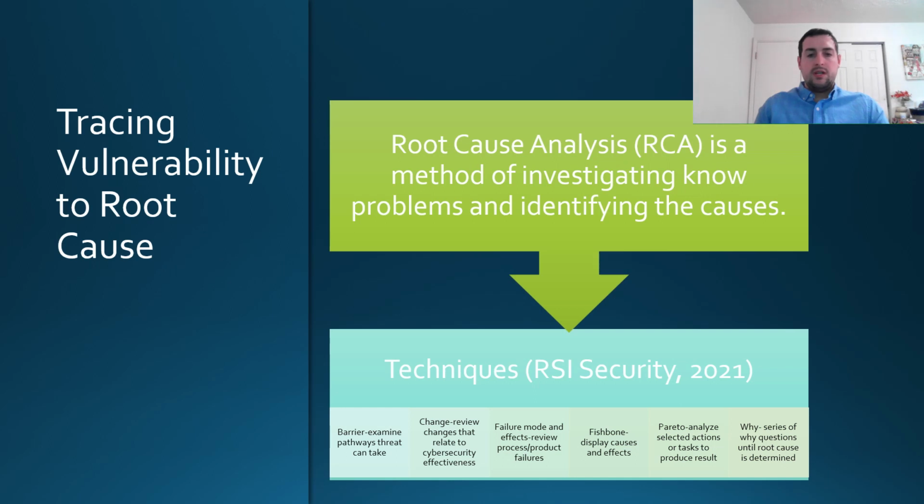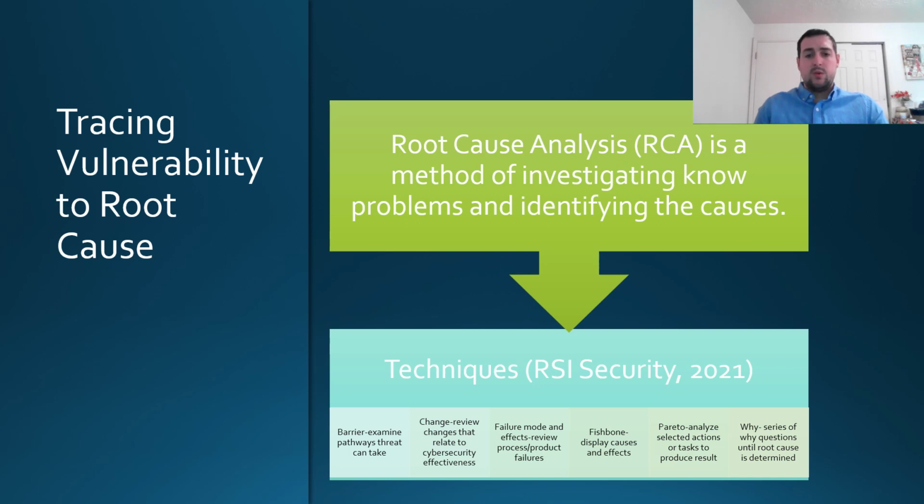So once you uncover your vulnerabilities, you need to determine a root cause, and this can be done by a root cause analysis. This is a method of investigating known problems and identifying the causes. Some techniques would be barrier, which is examining pathways threats can take. Change, review any changes that may relate to your cybersecurity effectiveness and could have caused it.